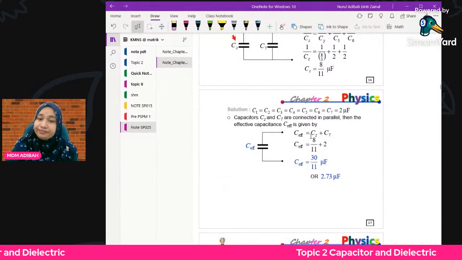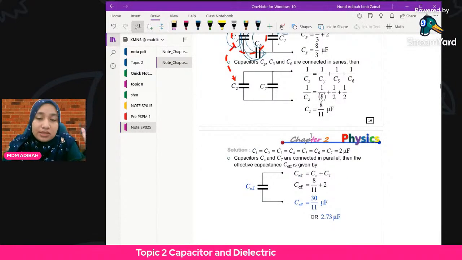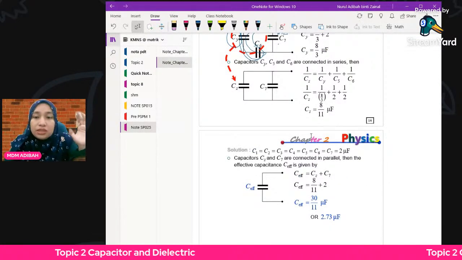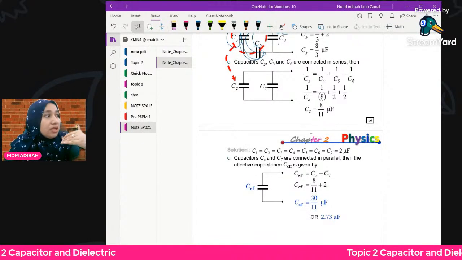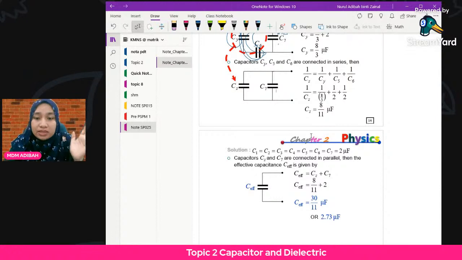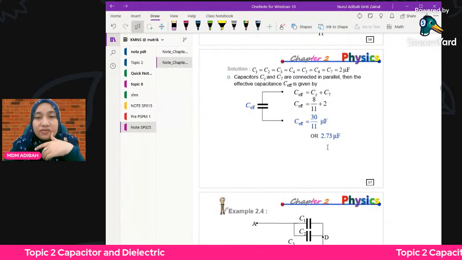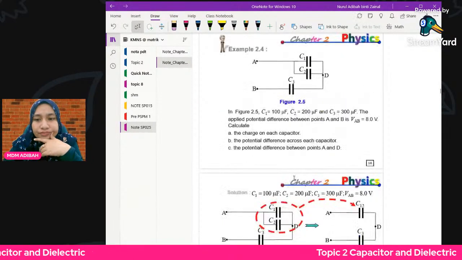Okay. So dapatlah tipsnya, selesaikan daripada hujung laluan current yang dah jumpa jalan mati. Kita selesaikan dahulu pada belakang sampailah ke depan. So now dapatlah C efektif 2.73.